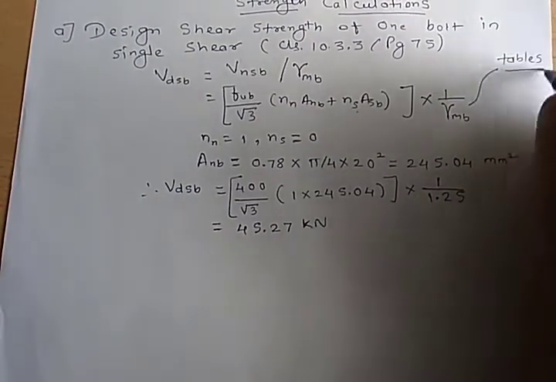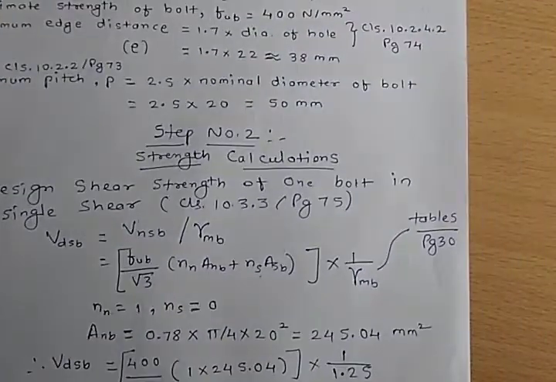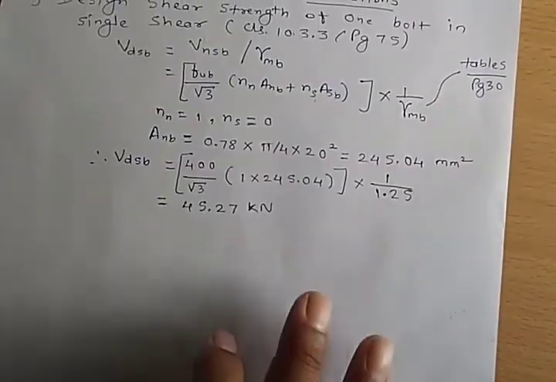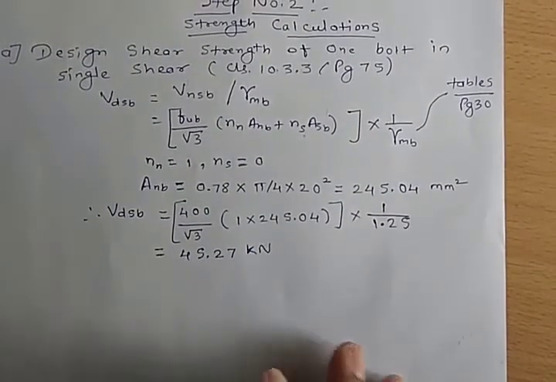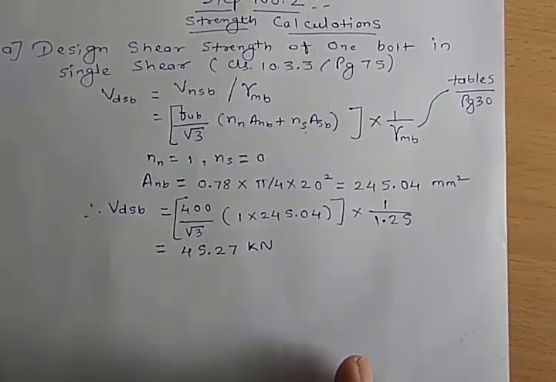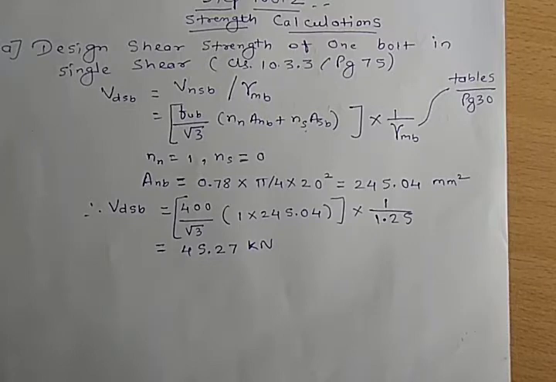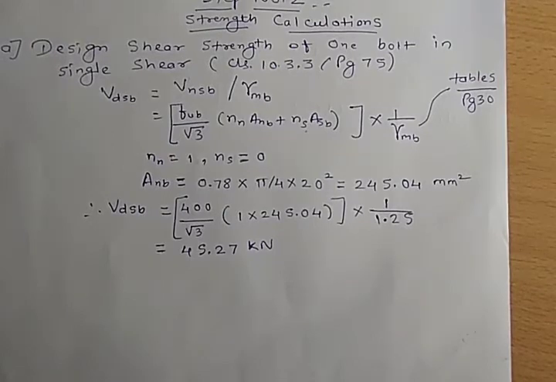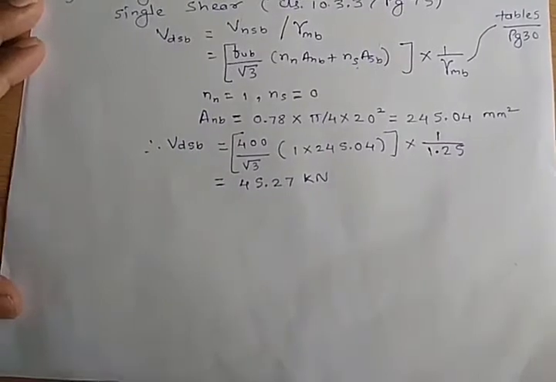We can write down that gamma MB is from table number 5, page number 30 of IS 800:2007. So this is how the design shear strength of one bolt in single shear, from clause 10.3.3, can be calculated. VDSB is 45.27 kilonewton.